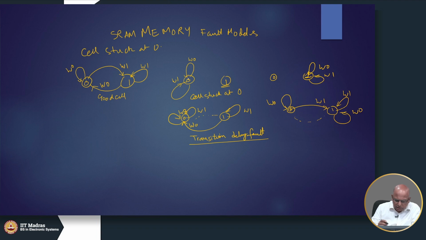Then because the cells are very close to one another in the array, there could be what is called coupling between cells. So, coupling can occur.